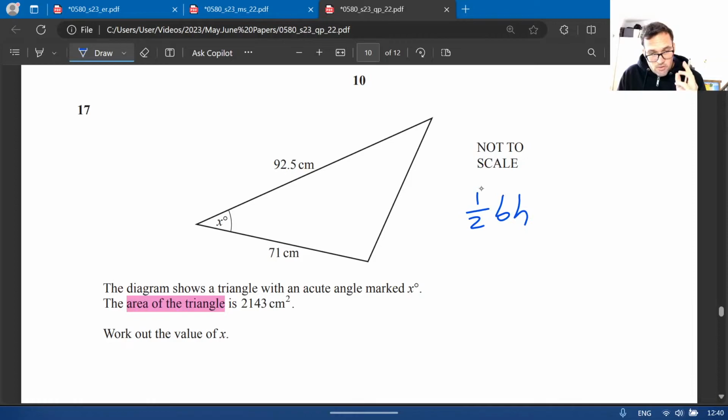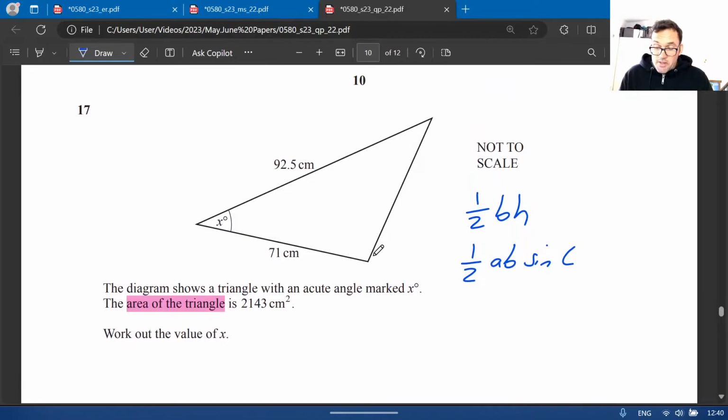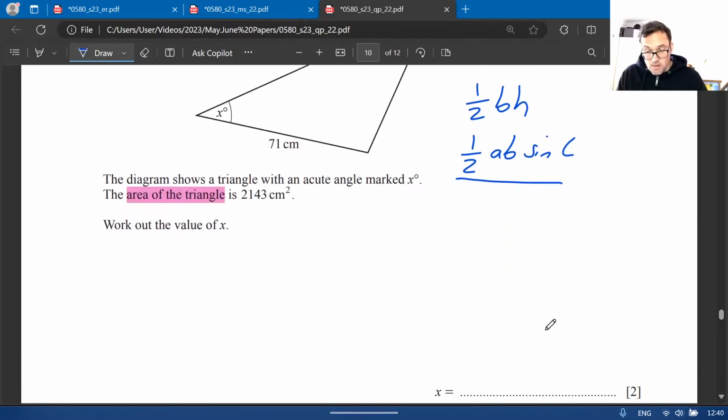If you don't have the perpendicular height, you can do half ab sin C. Those are the two formulas for the area of a triangle. We don't seem to have any perpendicular height here because we don't have any 90-degree angles. So I will assume we use that second formula.